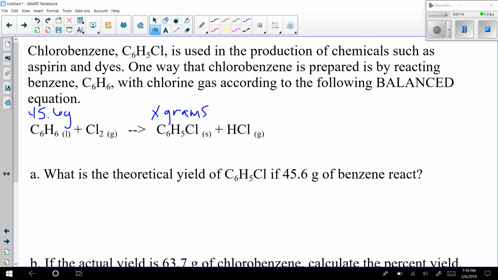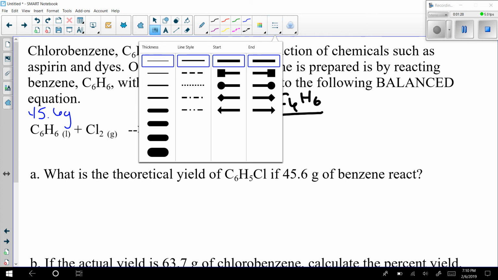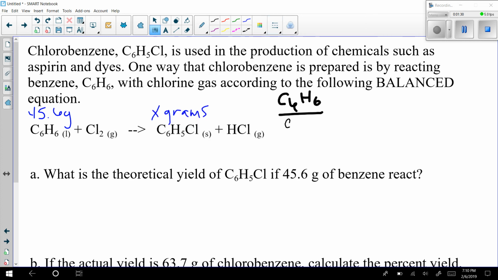Now, because we're working with grams, that does mean we have to determine the molar mass of both benzene and chlorobenzene. So for benzene, which is C6H6, we have to determine our molar mass. So we have carbon and hydrogen. Carbon, we have 6 times the mass of carbon, which is 12.01.